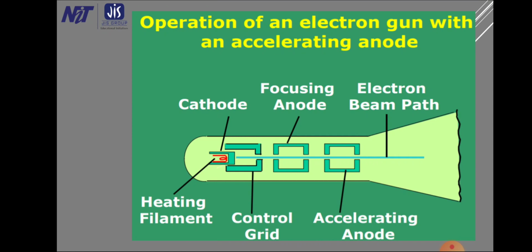They have positive voltage. The control grid had a negative voltage because it had to repel or stop a few electrons going through, depending on what is necessary to strike the screen. The focusing anode and accelerating anode have positive voltage.